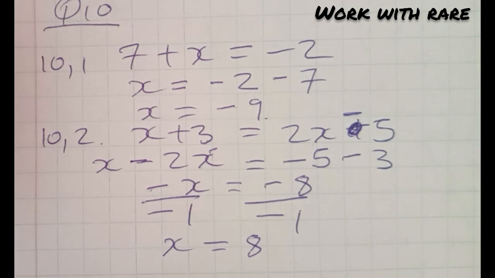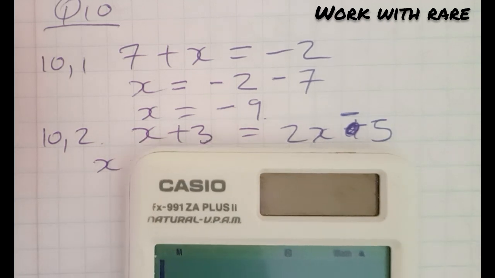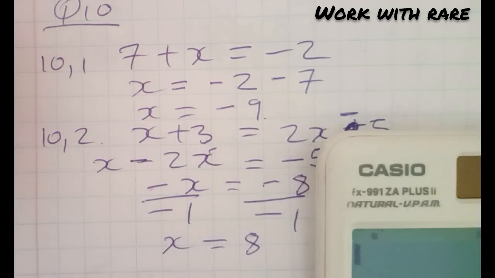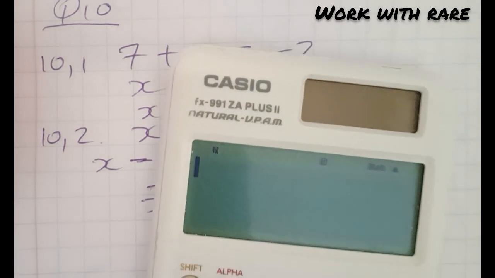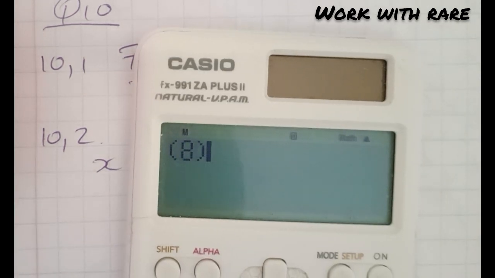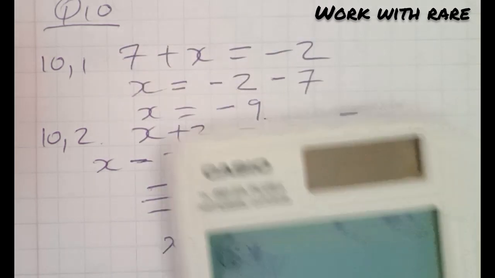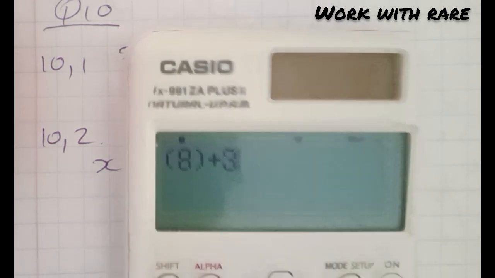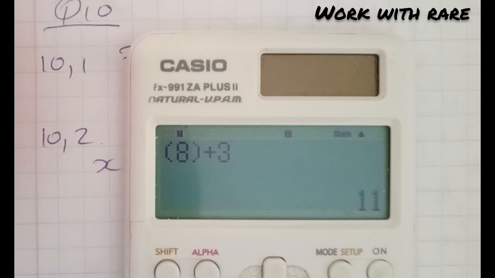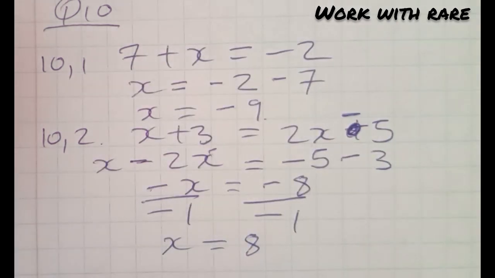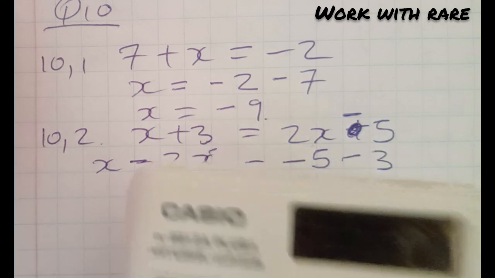So to test it, remember, on solve for x, you can test. To test it, I'll type the one on the left hand side first. So where I see x, I'll write 8. So put it in brackets when you substitute, and it's x plus 3. It's 11. You see? So I'll test with the second one and see if I will get 11.